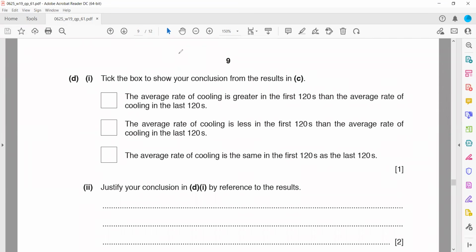In the first 120 seconds, it was changing the temperature by 10 degrees. In the later 120 seconds, it was changing the temperature by only 7 degrees. So this was the first 120 and this one is the last 120. So which one should I take about the rate of cooling? Is it the same, or in the beginning is it faster? That's right.